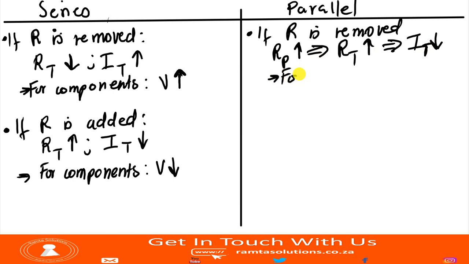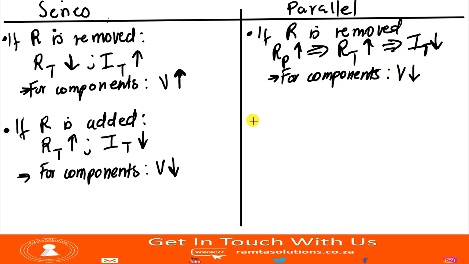Now for components, what will happen? Remember I said for components, voltage will be related to the current. The total current flowing will decrease. So since the total current flowing will decrease, the voltage or the potential difference of the components will decrease.